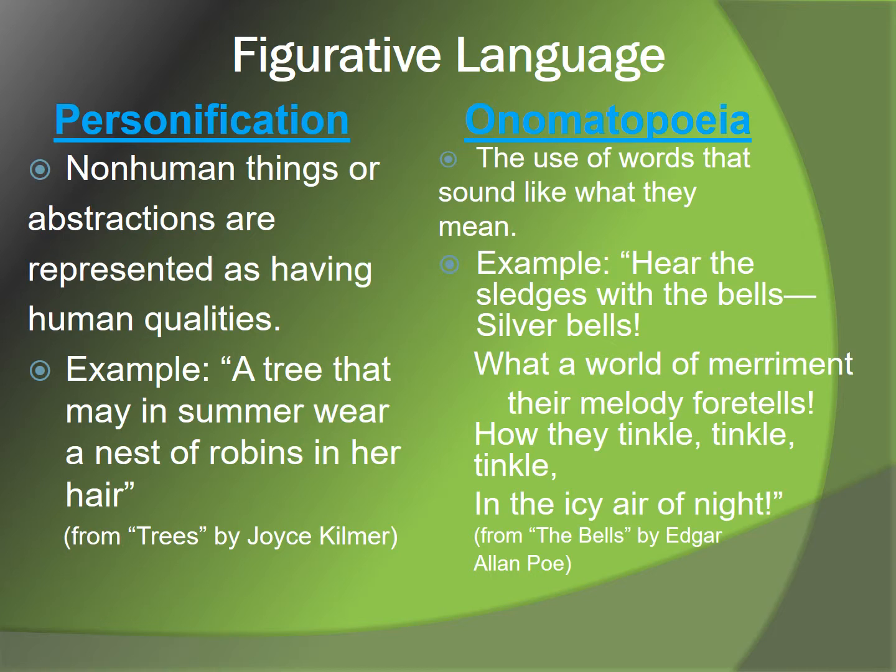Another element is onomatopoeia. Onomatopoeia means the use of words that sound like what they mean. Look at the example: Hear the sledges with the bells, silver bells. Let's move.